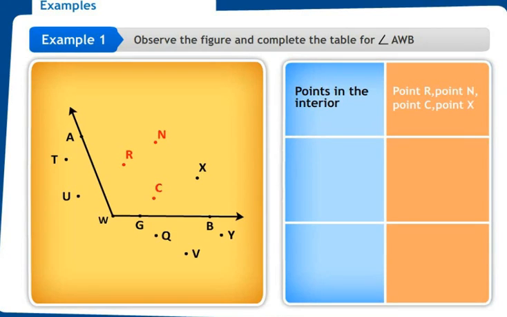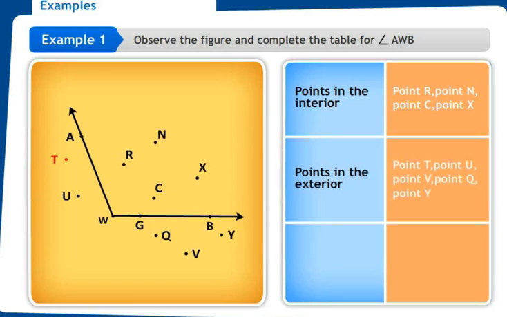Now the points in the interior are point R, point N, point C, point X. Because this sum is very simple, in haste you will just write R, N, C, X. No, you need to express it using point R, point N, point C, point X.